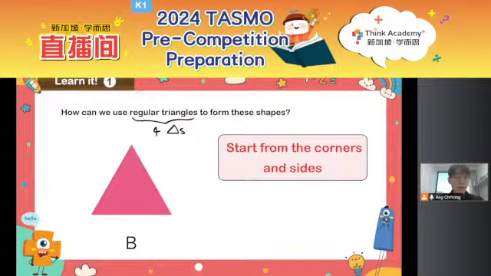And again, remember, you can start from the corners and the sides. Use that to help you to find your small triangles.